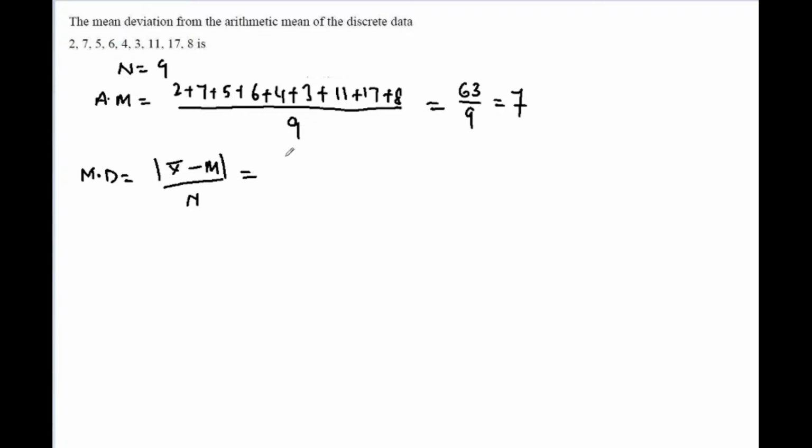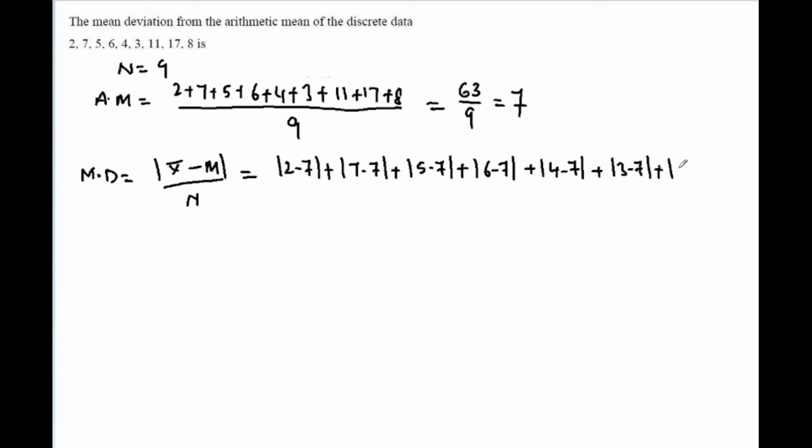That is equal to modulus of 2 minus 7 plus modulus of 7 minus 7 plus modulus of 5 minus 7 plus modulus of 6 minus 7 plus modulus of 4 minus 7 plus modulus of 3 minus 7 plus modulus of 11 minus 7 plus modulus of 17 minus 7 plus modulus of 8 minus 7, by n.